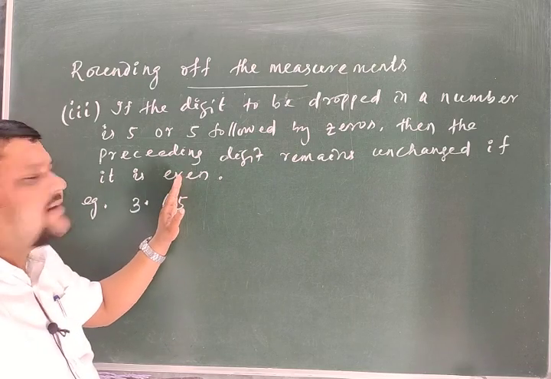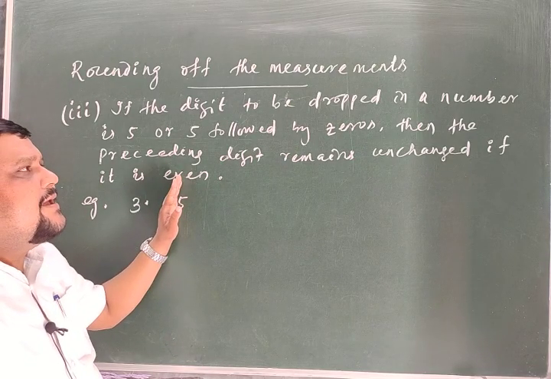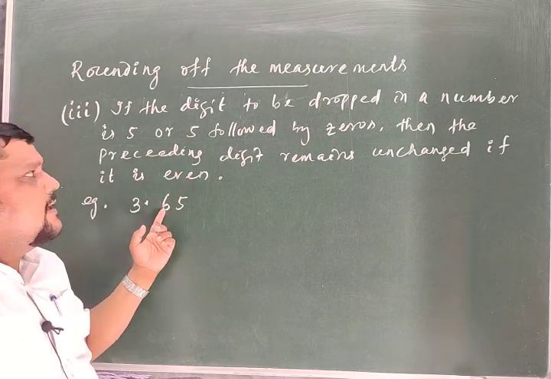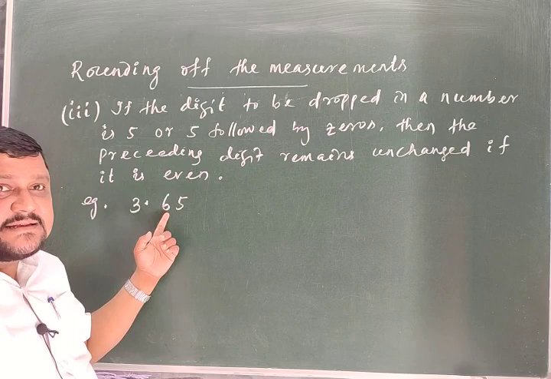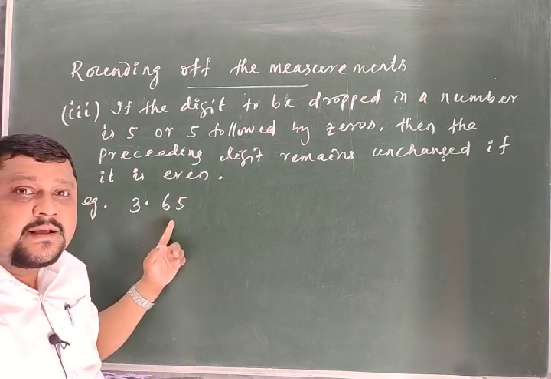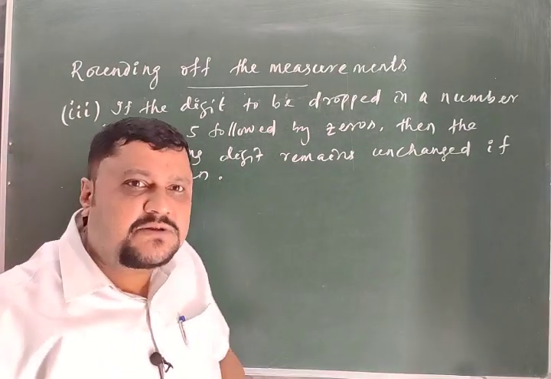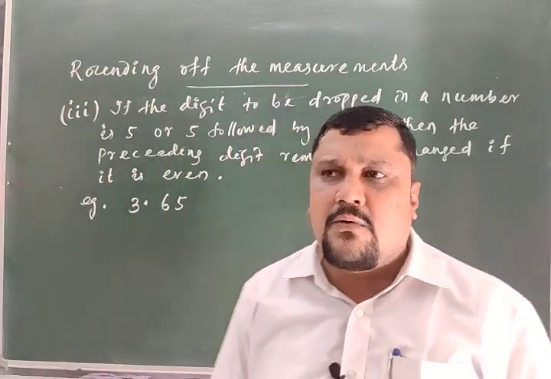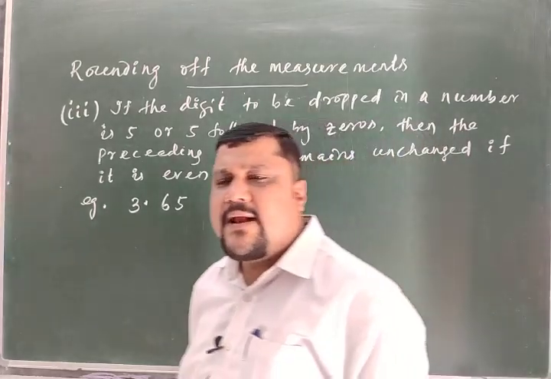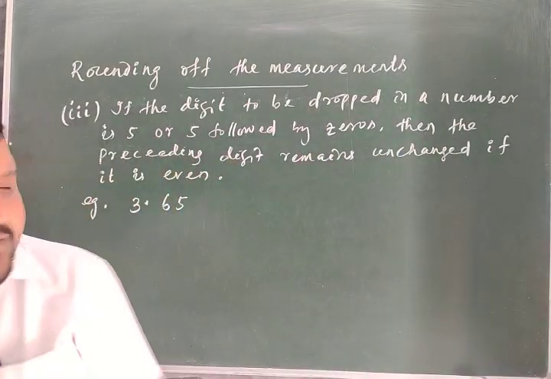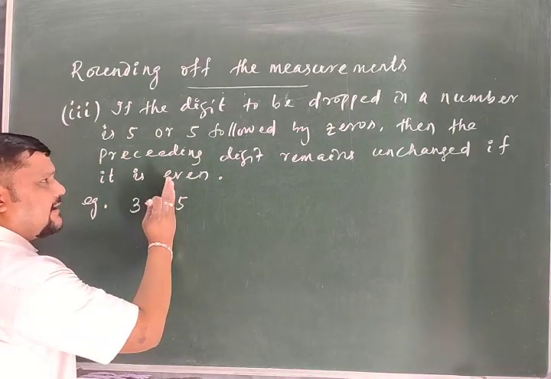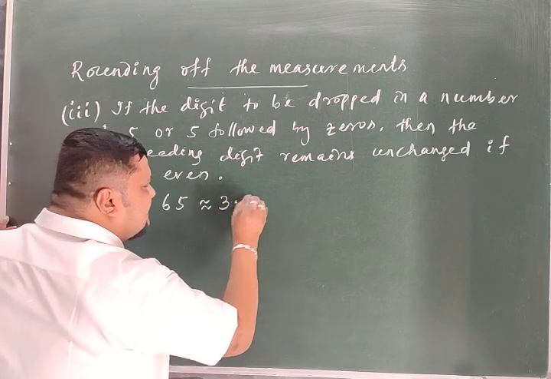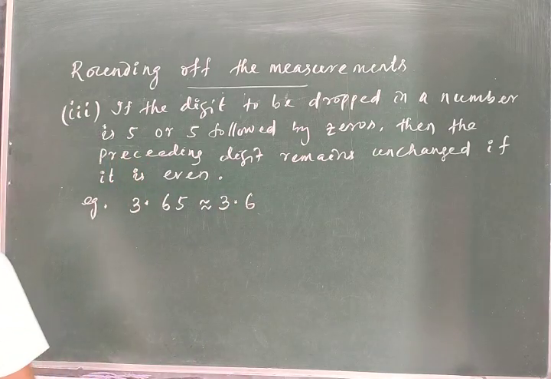So if I want to drop this 5, then the preceding digit remains unchanged if it is even. So 6 is even. What are the even numbers? 2, 4, 6, 8. They are even. Odd are 1, 3, 5, 7, 9. So if it is even, it remains unchanged. So if you round this, 3.6. Is that clear? 3.6.